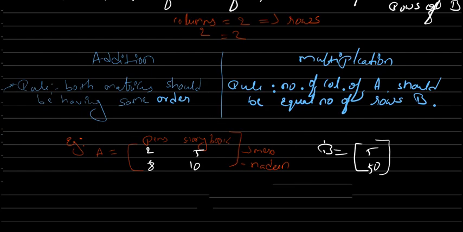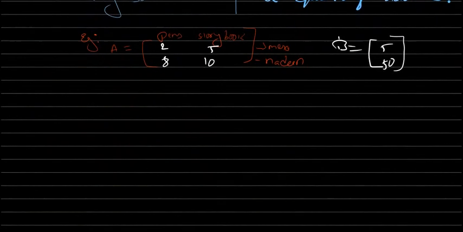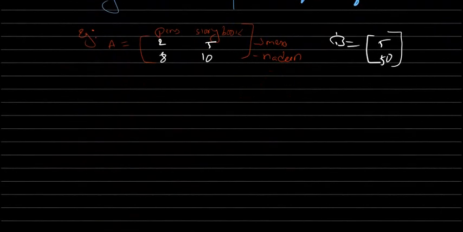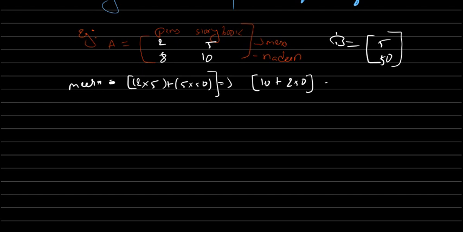In simple words, if Meera wants to purchase two pens, each costing 5 rupees, plus 5 storybooks, each costing 50 rupees, it comes to 2 5s are 10 plus 5 50s are 250, which is 260.